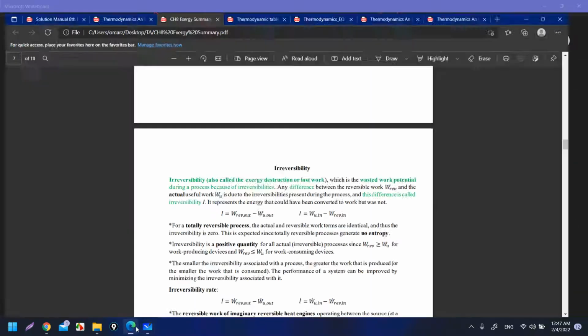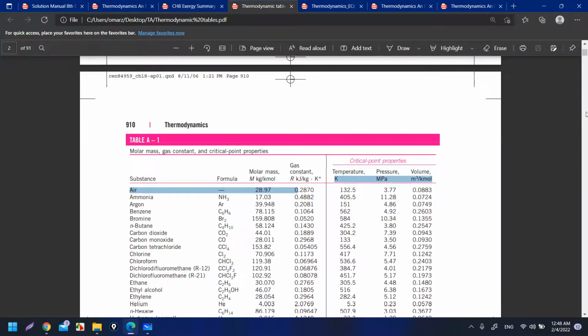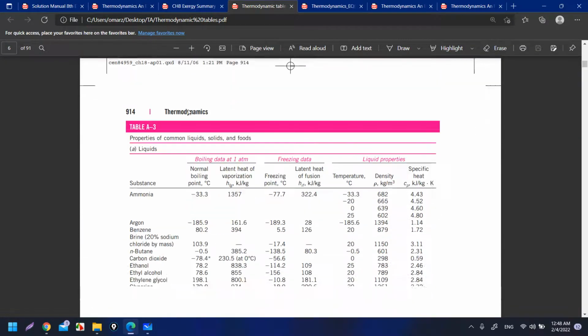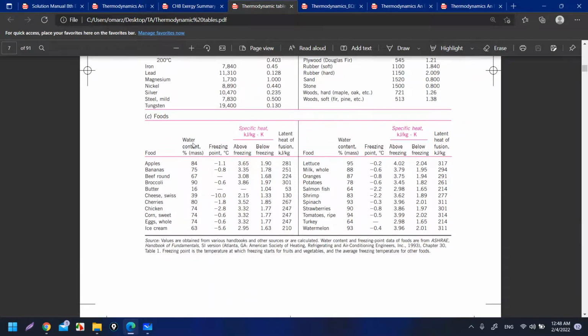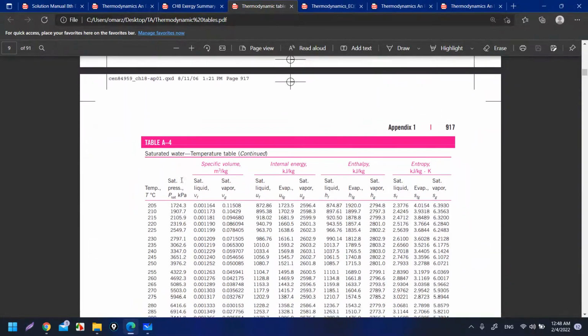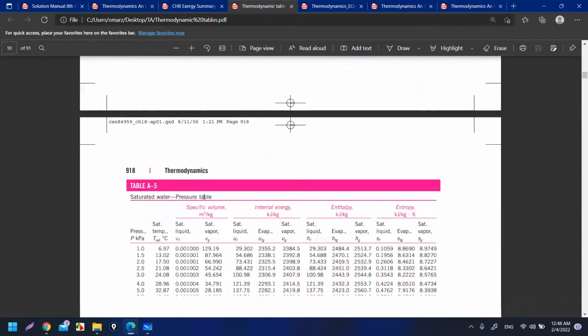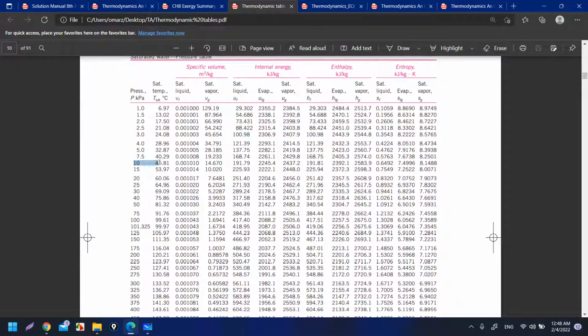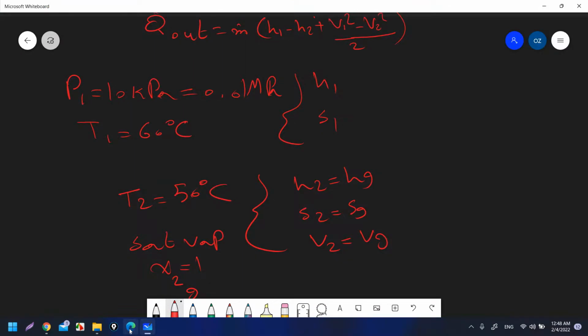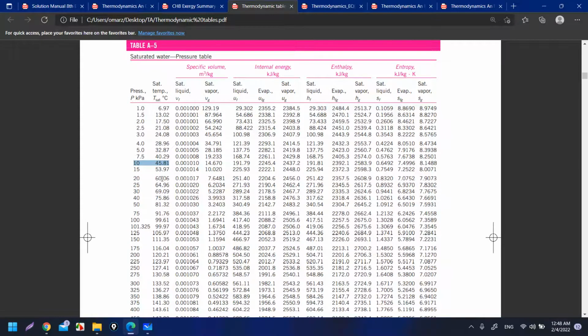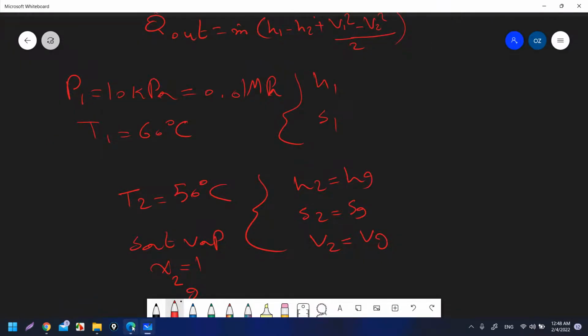I will go for the steam table, Table A5, at 10 kilopascal. My temperature is 60. 60 is higher than the saturation temperature, so it is a superheated state.